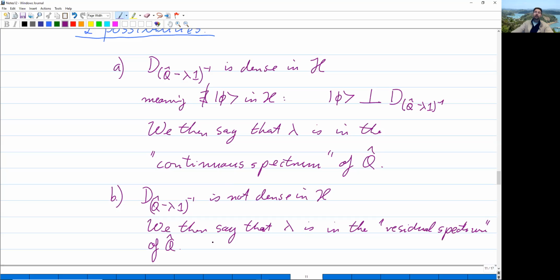Now, it turns out that for self-adjoint and unitary operators, there is no residual spectrum, and that's great, so we can disregard this.